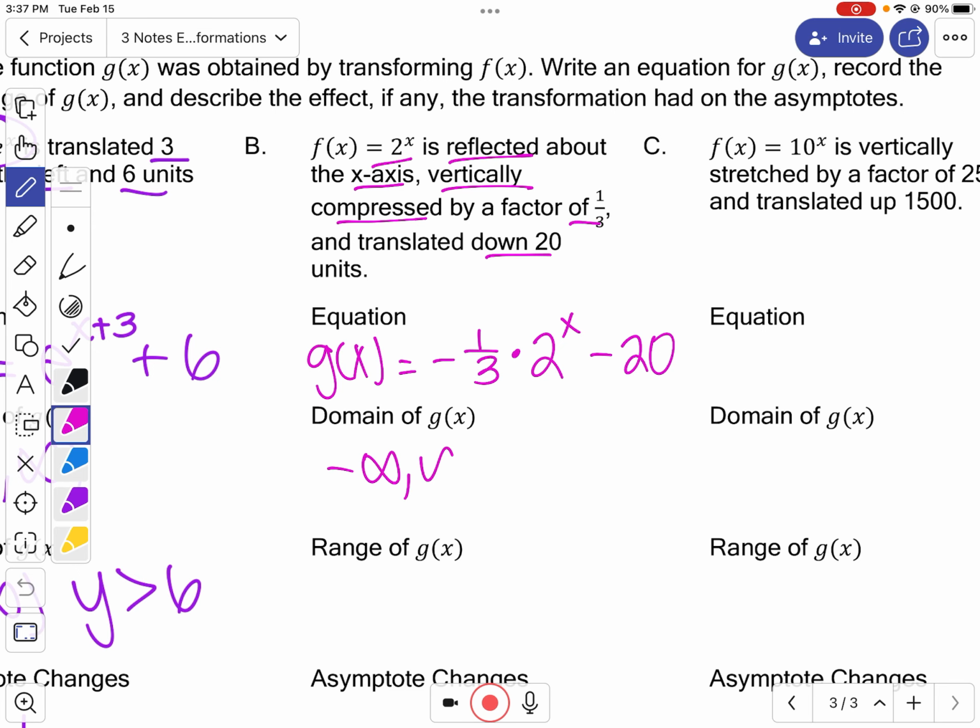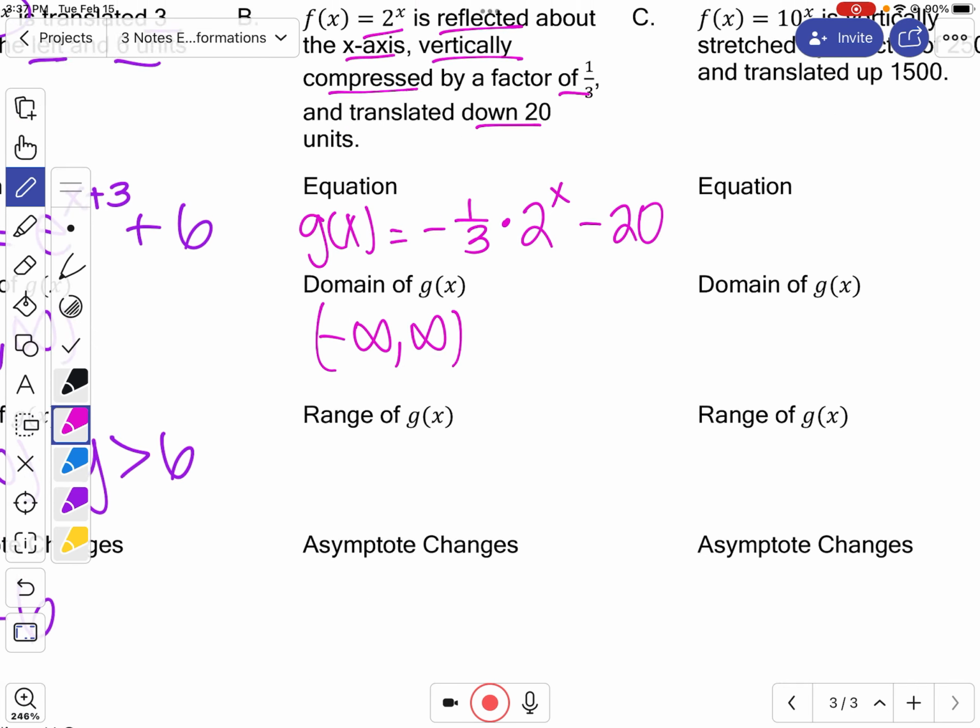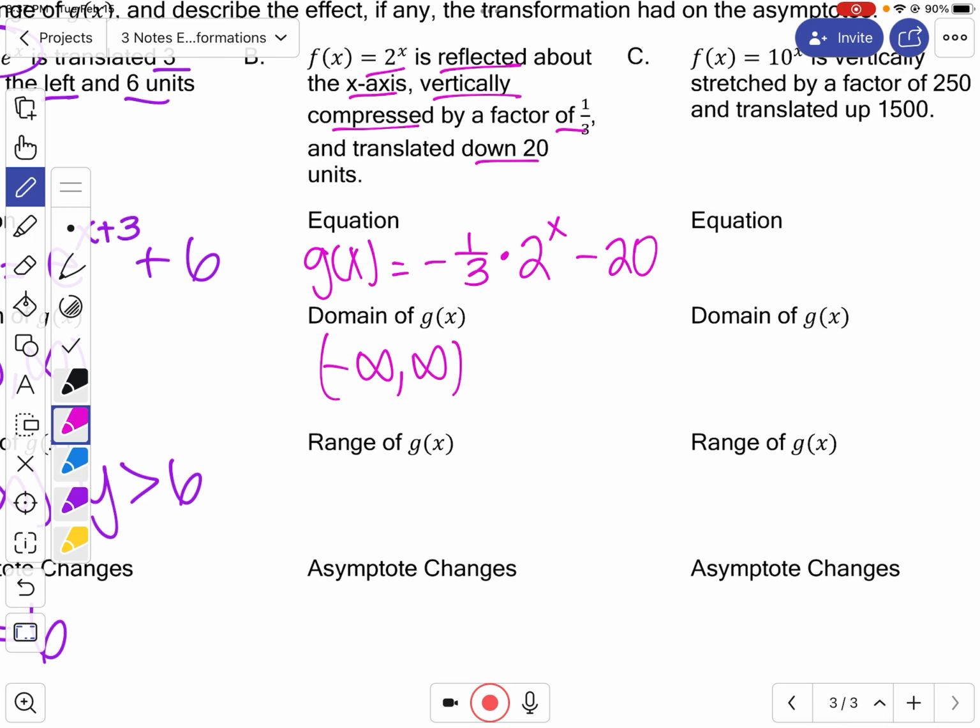Domain's going to stay the same. Range, it's going to change. It's going down 20, but it also is reflected over the x-axis, so it's going to look something like this, and it'll shift down. So your range, depending on which way you want to write it, should be negative infinity to negative 20, or y is less than negative 20.